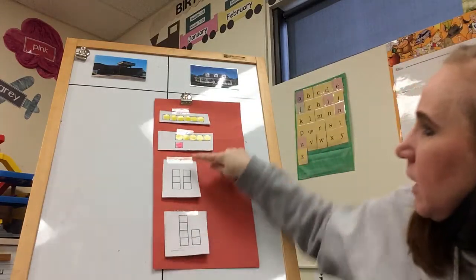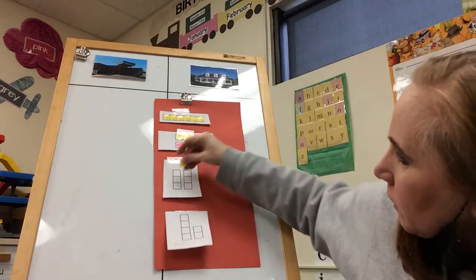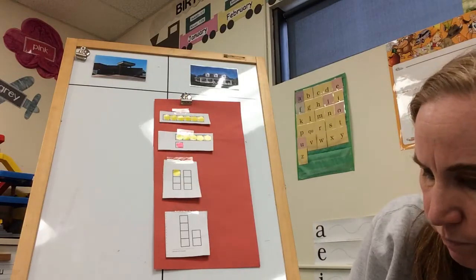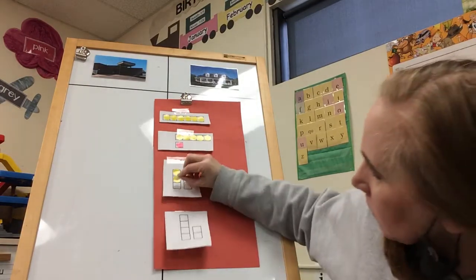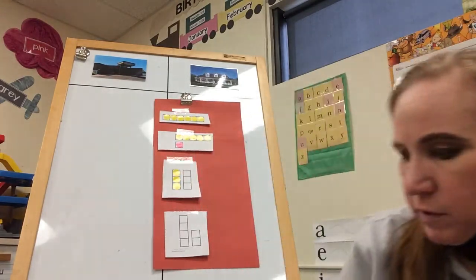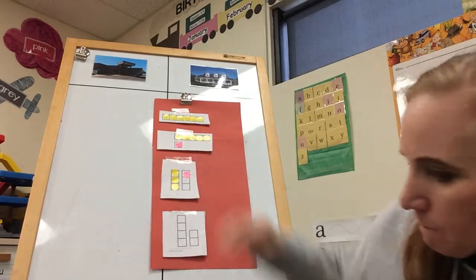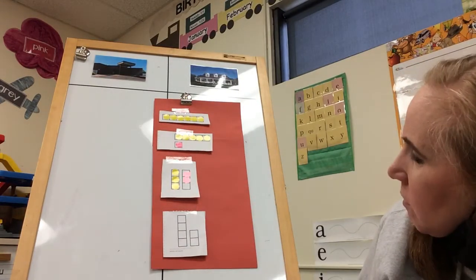All right, so now again, down here, our first group is right here. So that group is going to get yellow. Okay, and our second group is here. So that group is going to get pink. Oops, a little bit off on those.